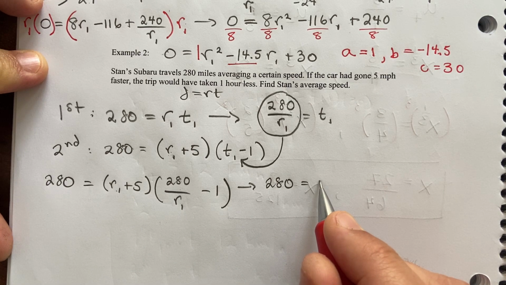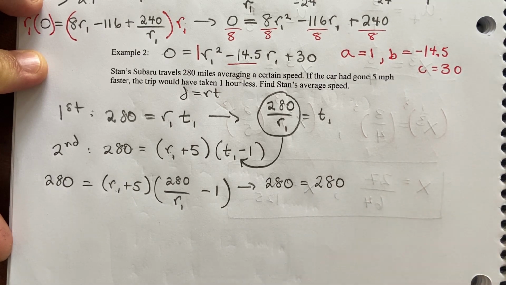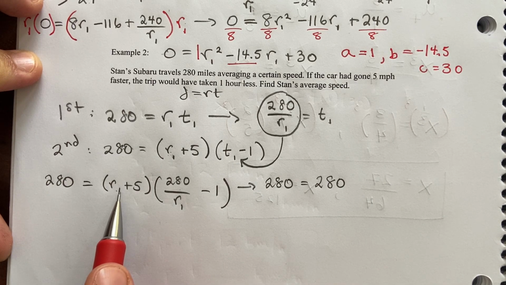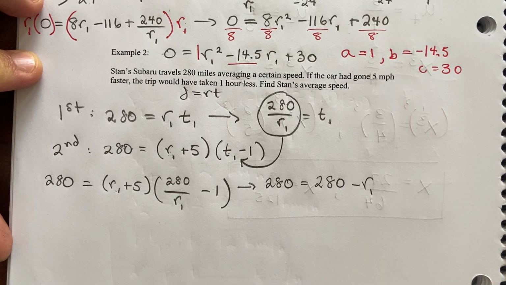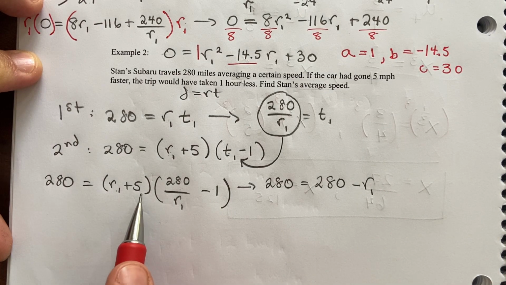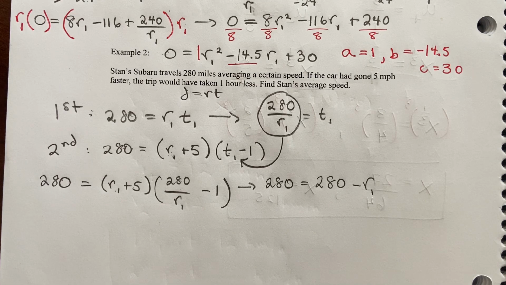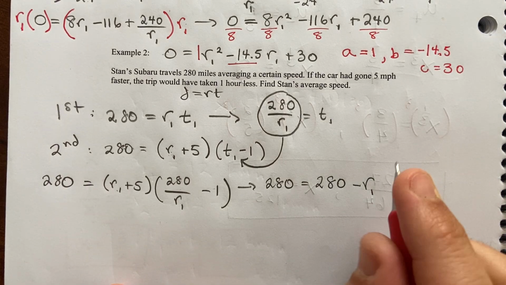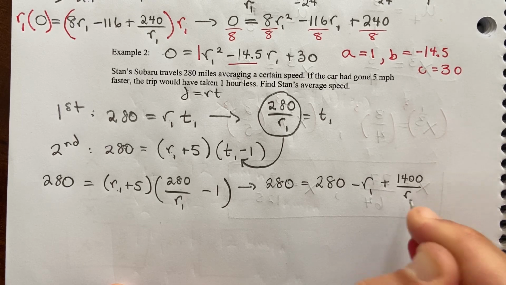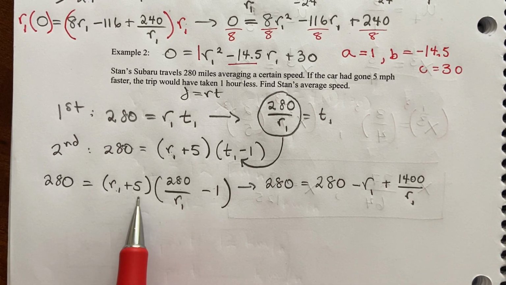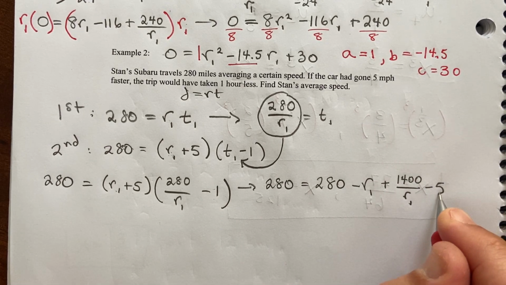Those R1s cancel, and I just have 280. The outside, R1 times -1 is negative R1. The inside, 5 times 280. 5 times 280 is 1400, so I'll have 1400 over R1. And then last, I'll have 5 times -1 is -5.